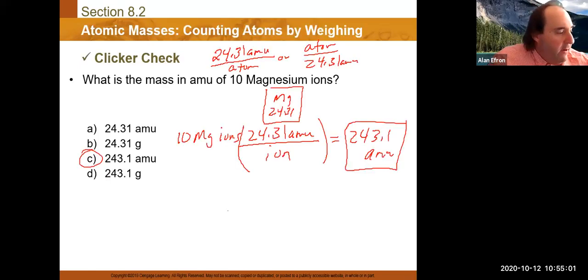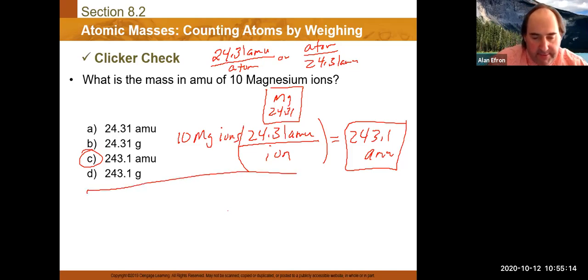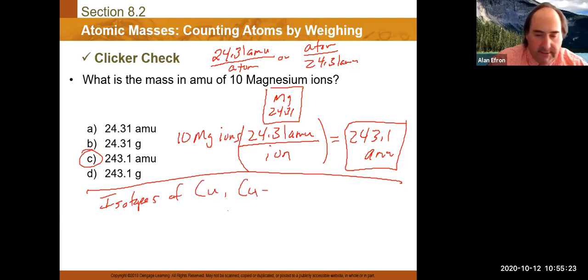Okay. Now, before we go on, let's try one of those other ones just to make sure. Let's say we had two isotopes of copper. One is copper 63, which occurs about 69.17% of the time and has a mass of 62.93.